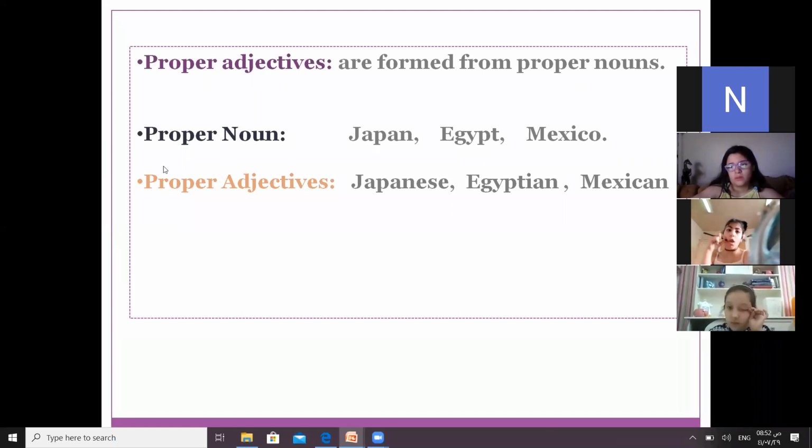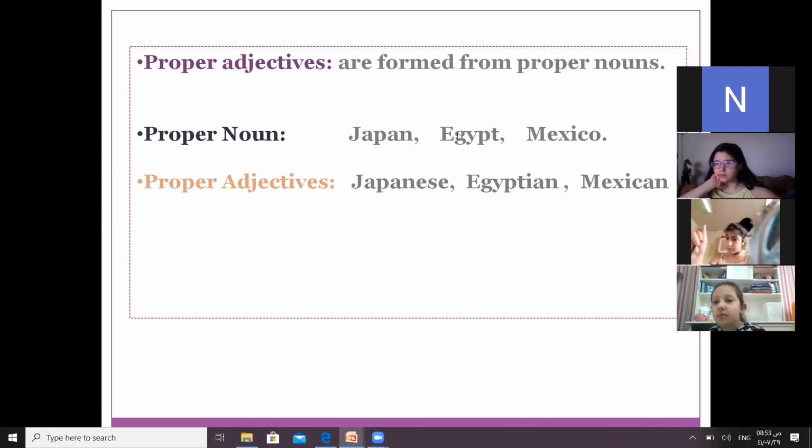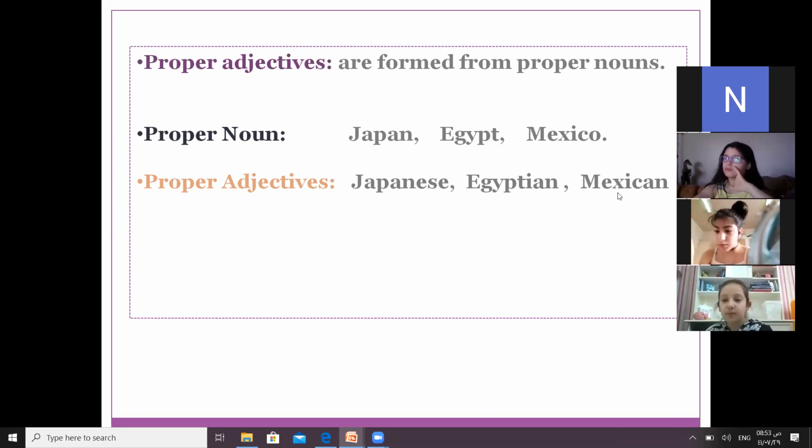Like this example. The proper nouns here are Japan, Egypt, Mexico. How can I make them proper adjectives? Japan becomes Japanese. Egypt, how will I make it a proper adjective? Egyptian. Mexico, Mexican.